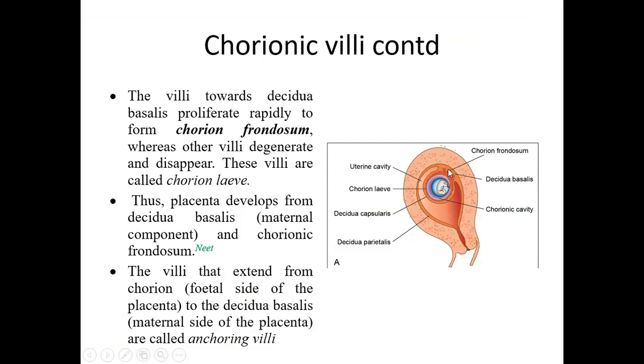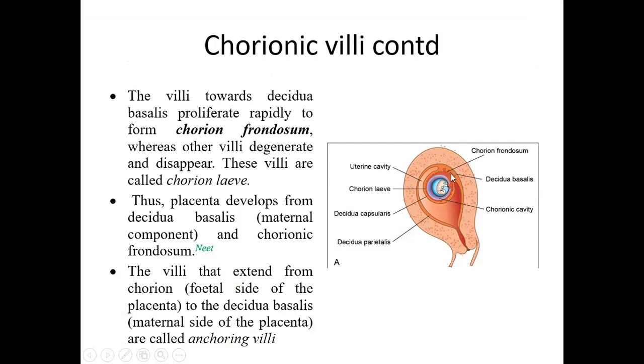The villi towards the decidua basalis proliferate rapidly to form a brush-like structure known as chorion frondosum, whereas villi elsewhere will degenerate.